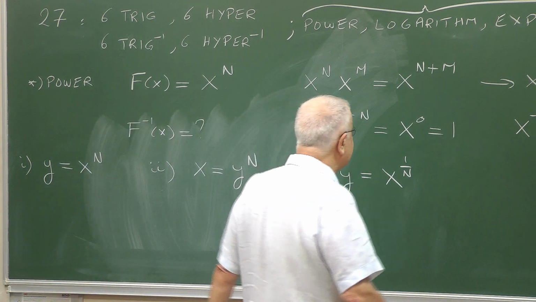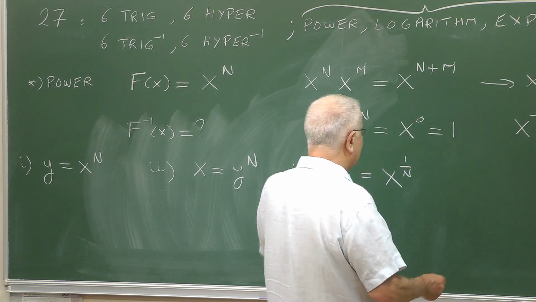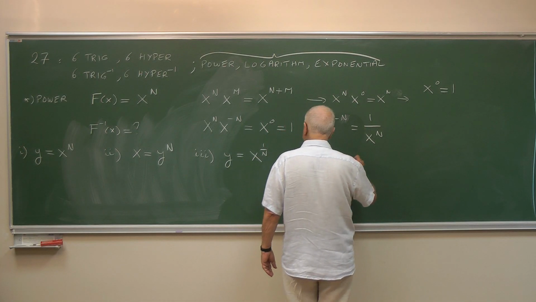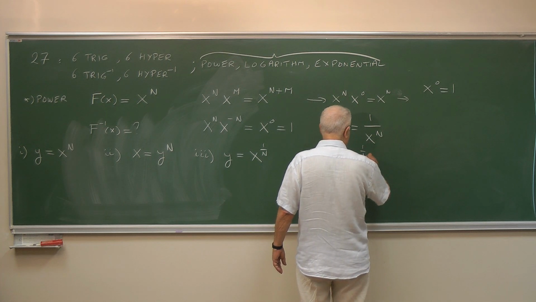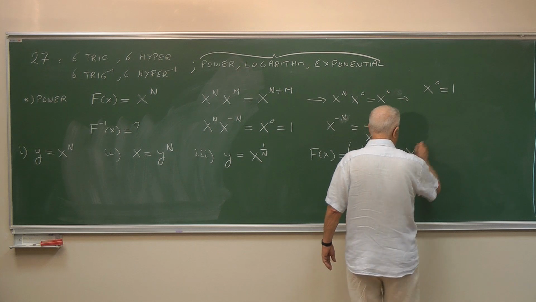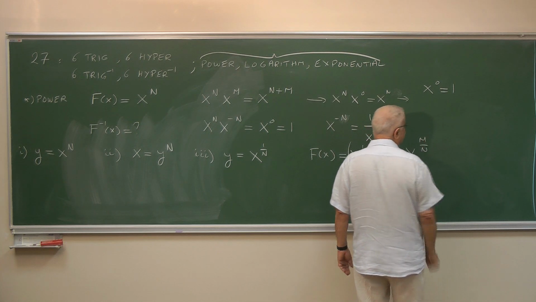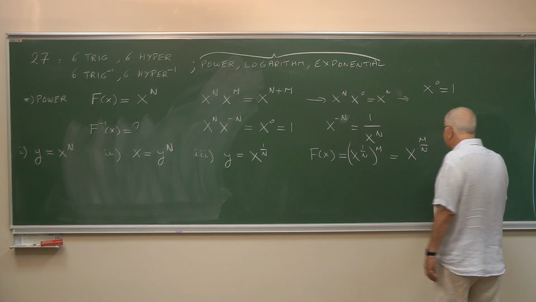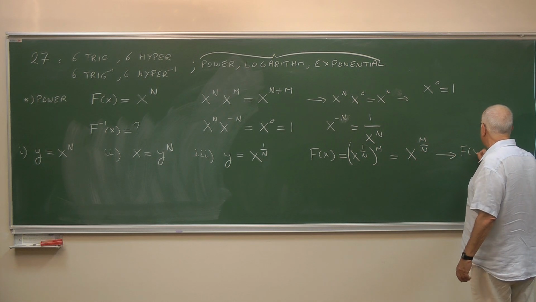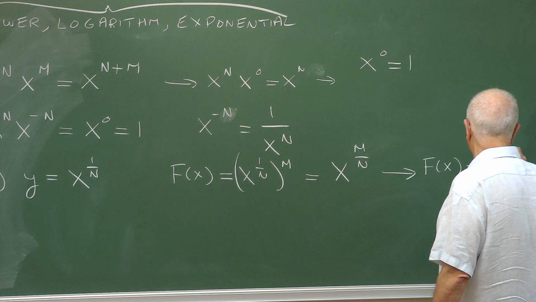Once we have this, we can generalize f of x as x to the 1 over n to the mth power, or x to the m over n. Well, a little bit more generalization: f of x equals x to the a.